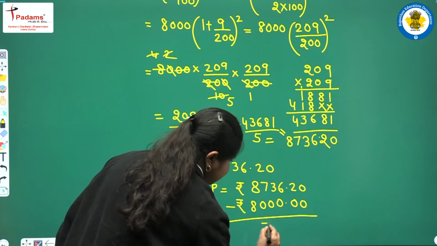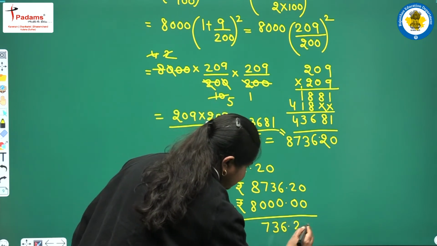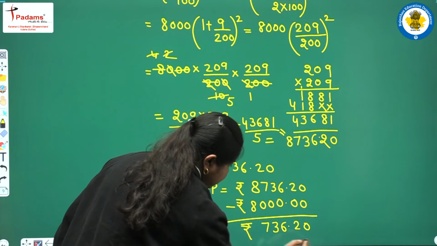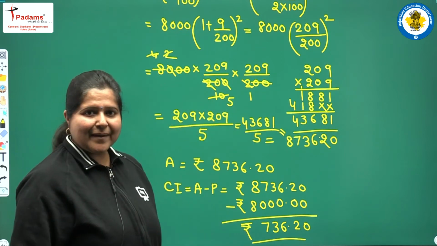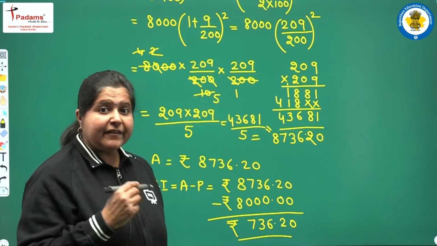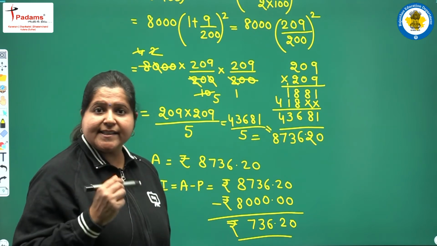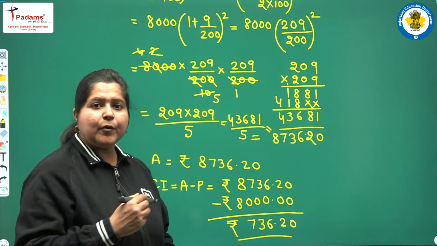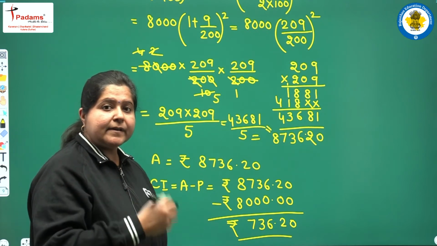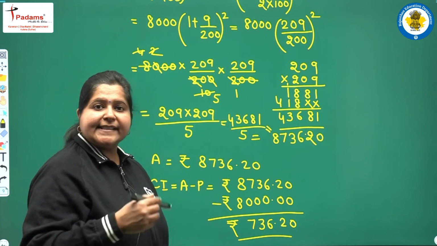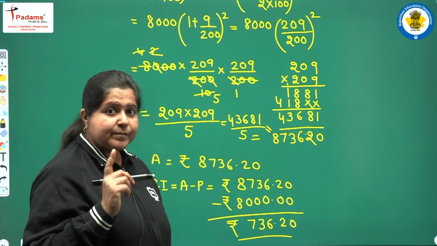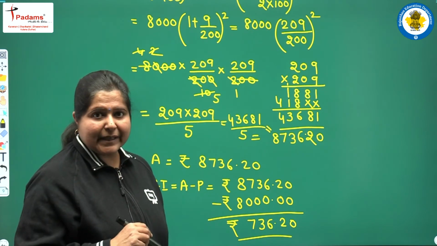Subtract, you will get 736.20 rupees. This is the compound interest. Okay, you can also verify your answer by finding the interest for each successive half year separately by using the simple interest formula, and then keep on adding the interest into the principal to get the principal for each successive half year. You can also verify using that method.